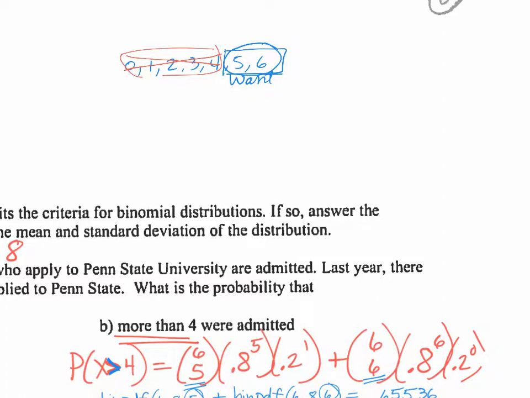So an alternative way to compute this could be 1 minus the accumulation of those bottom 4 up to and including 4. You're taking off the bottom 4. And that would give you that same answer, 0.65536. All right, so 2 different ways to think about that.